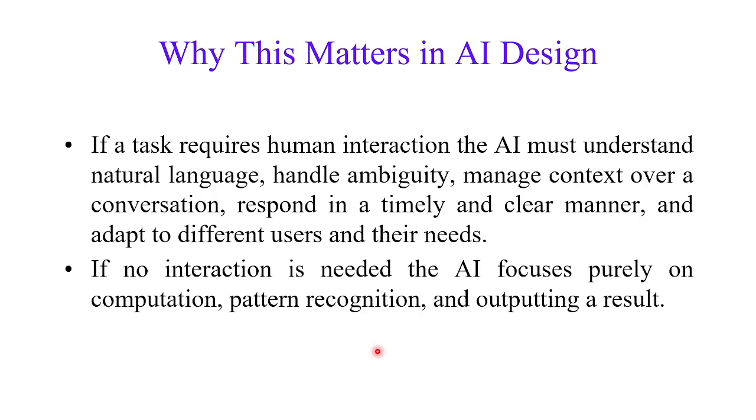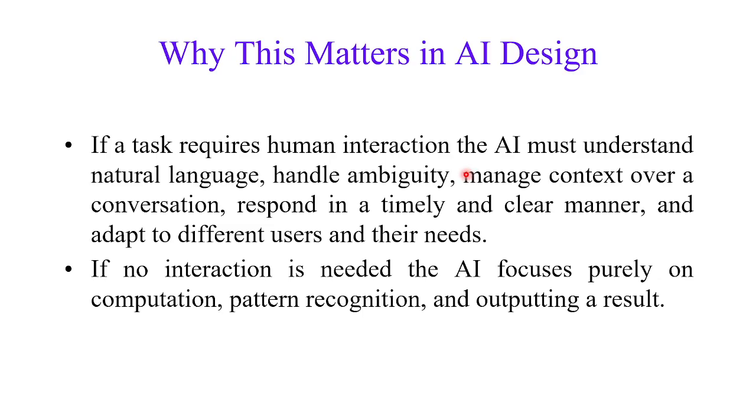So why does this matter in AI design? Okay. This distinction matters enormously in the design phase. If the task requires human interaction, the AI must do several sophisticated things simultaneously. It must understand natural language because humans don't speak in structured commands. Every conversation is different.